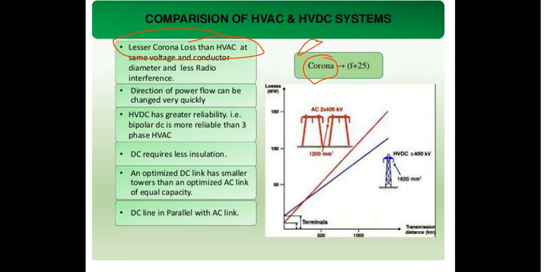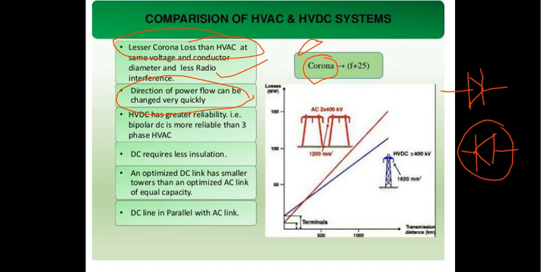Then one more important thing to be noted here is that the direction of the power flow can be changed very quickly, because complete control here is as per the operation of the two converters on either side. By making use of the converter, the direction of the power flow can be easily reversed by having the proper control over the triggering angle or the delay angle, right?